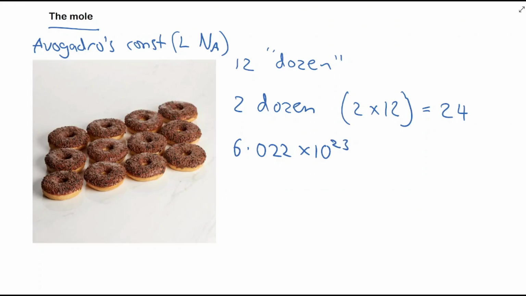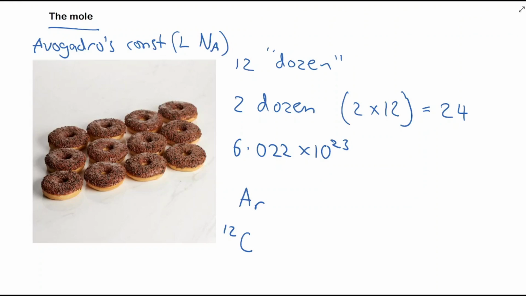So we could have a mole of donuts. It would be a huge amount of donuts, way too many donuts even, some would say, but we could do that quite easily. Now the thing that's really key for us is what this means, because on the periodic table we have relative atomic masses. Let's pick a good example: carbon has a relative atomic mass of 12.